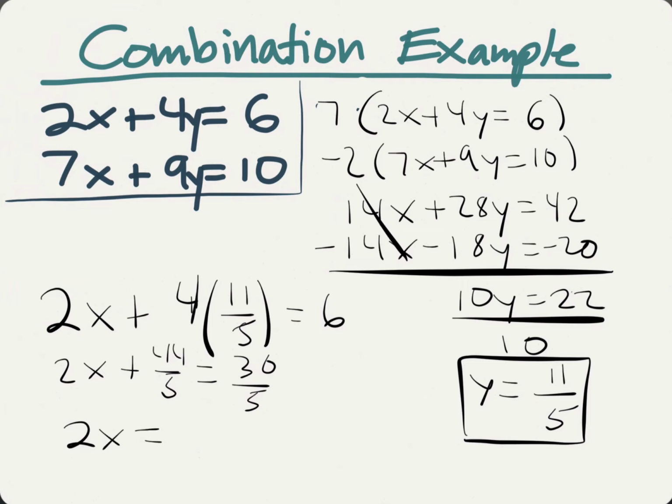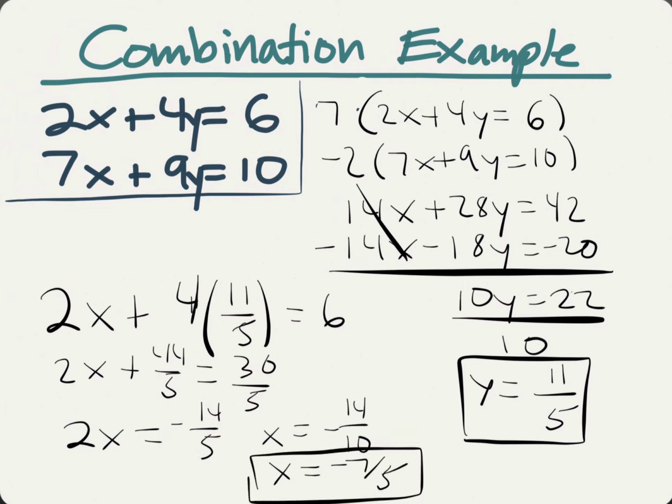So we get 2x is equal to 30 over 5 minus 44 over 5, which is negative 14 over 5. And we're going to divide both sides by 2. So we get that x is equal to negative 14 over 10, which is x is equal to negative 7 over 5.